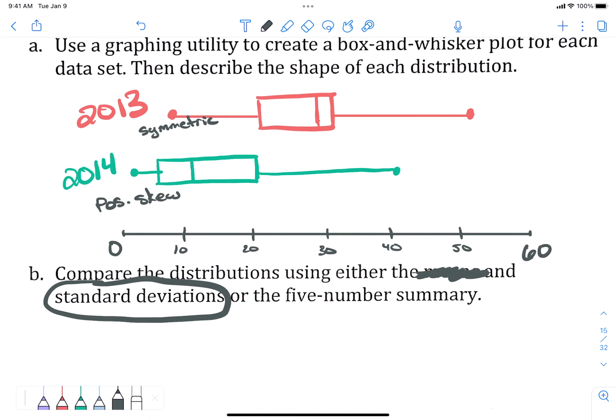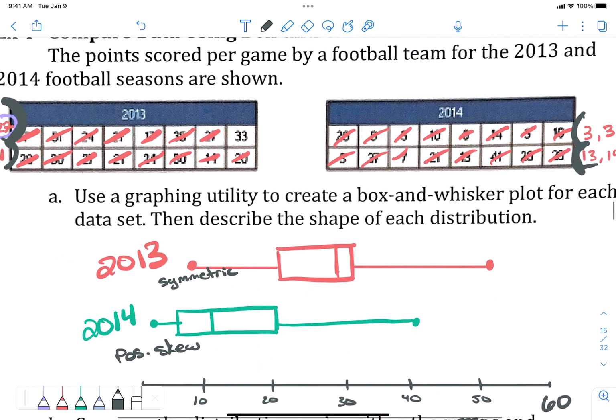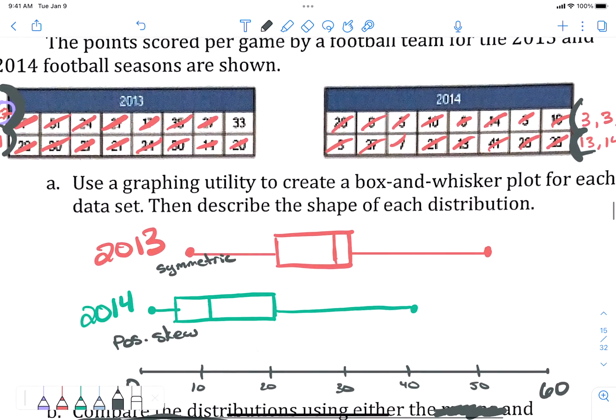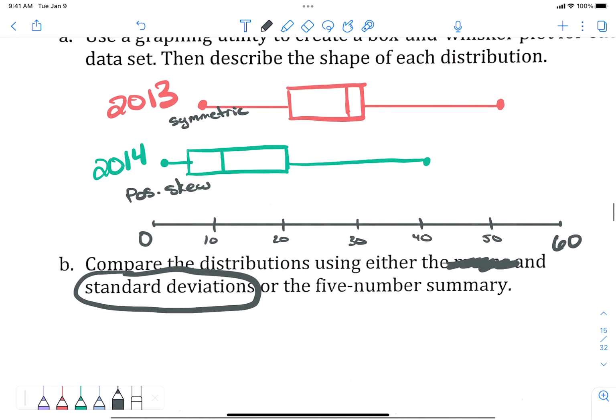What can we say about 2014 in comparison to 2013? We're talking about the number of points that were scored by football teams in 2013 versus 2014. 2014 had less points scored per game on average.